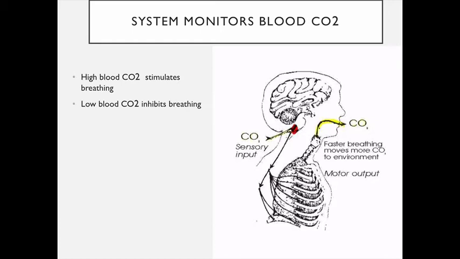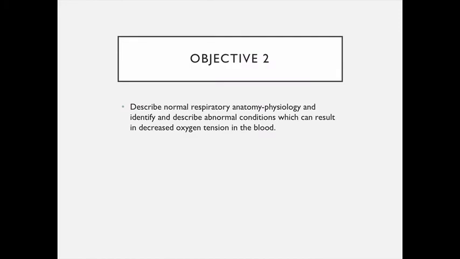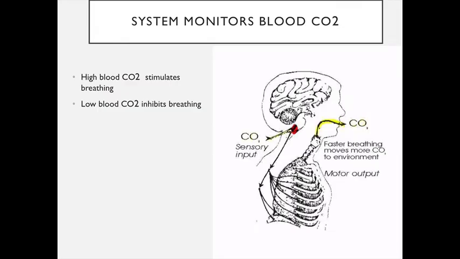So high carbon dioxide definitely stimulates breathing. Low carbon dioxide definitely inhibits breathing, right? Oxygen, let me stand back for a second. Decreased levels of oxygen in the blood will also influence respiratory rate, but it's going to be a lot less sensitive.